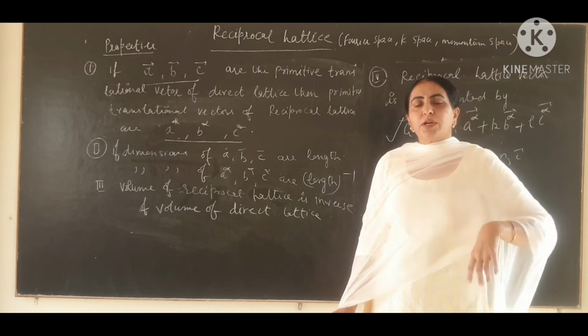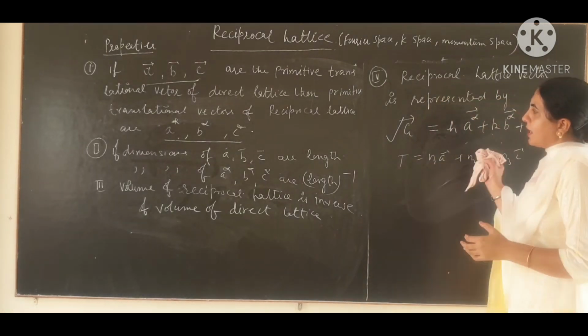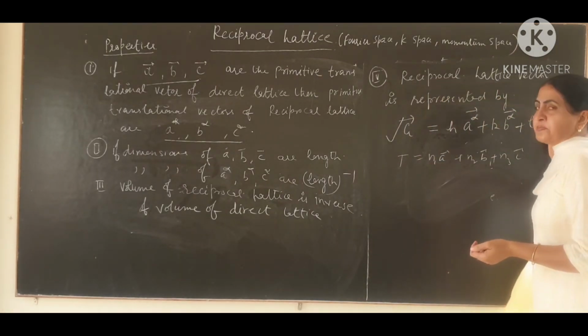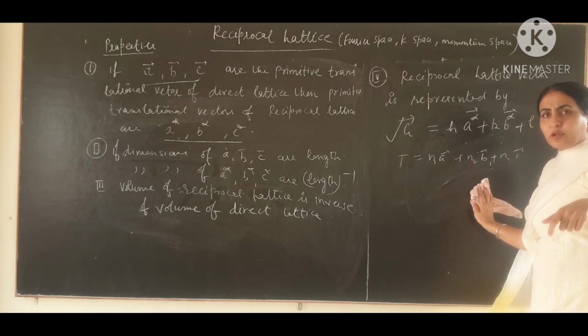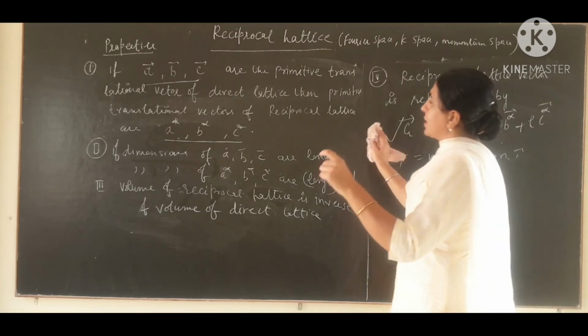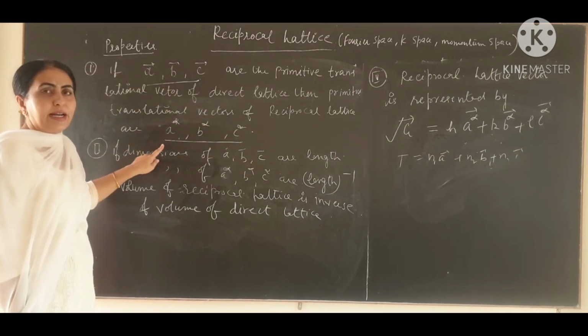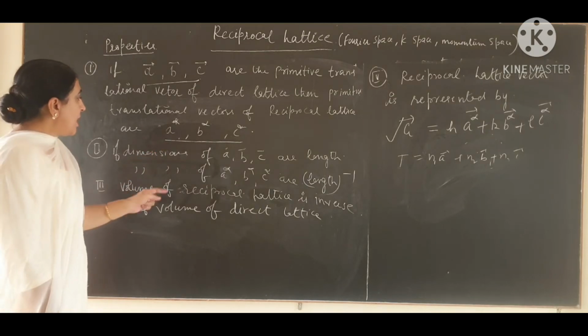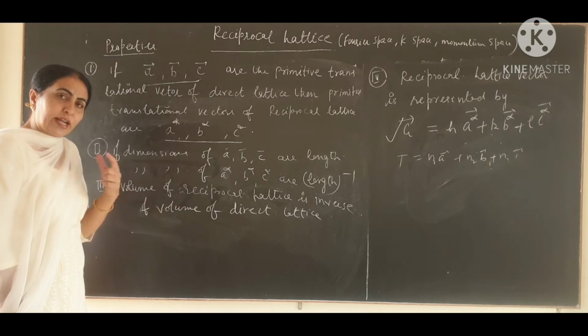Bragg's law in reciprocal lattice in an easy way. Clear? So these all are the properties of the reciprocal lattice. Diffraction methods are also the map of the reciprocal lattice. So a, b, c in the direct lattice, and a star, b star, c star in the reciprocal lattice. The dimensions are the inverse of the dimensions of the direct lattice.